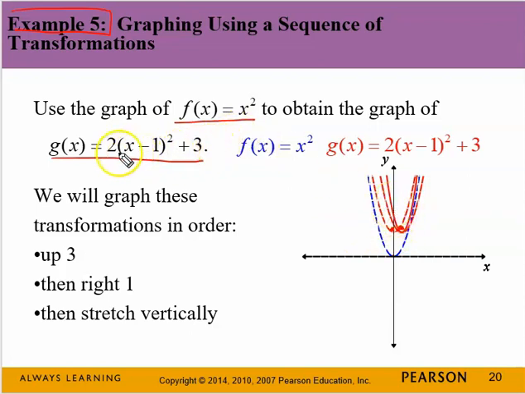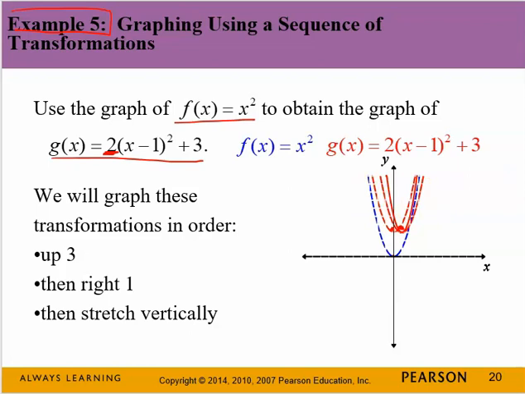And then we're going to stretch it vertically by a 2, which moves it closer to the y-axis, which is this one right out there. Wow, it's kind of jammed up, a little hard to see, but that's what we would do.